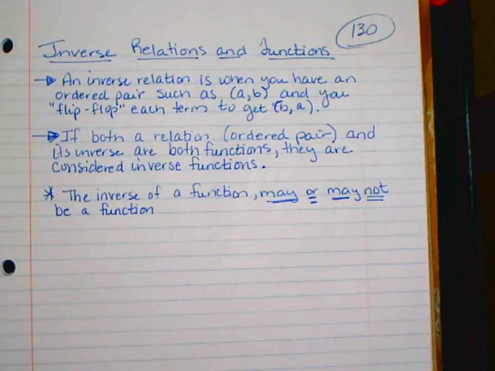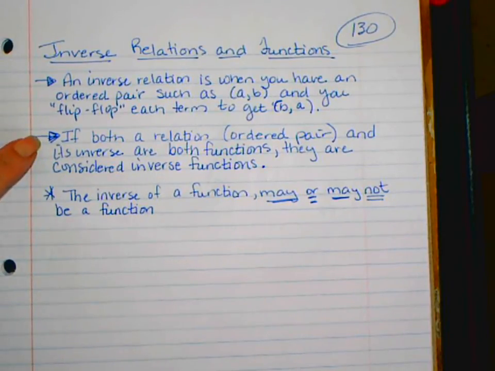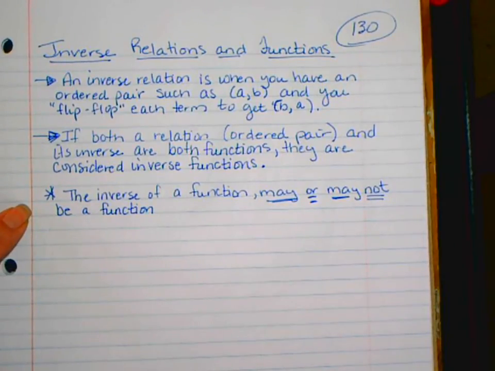But if the original relation that I give you is a function, and then we find the inverse and it is also a function, then we say they are considered inverse functions, which is what I wrote here. But the inverse might not be a function. It might be, it might not be.